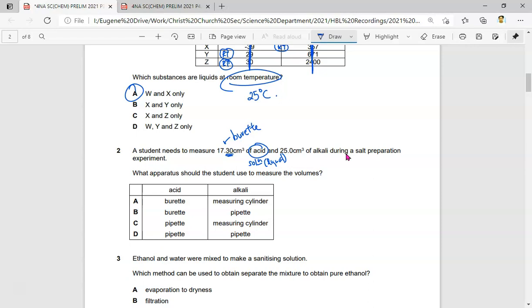Next one, 25 cm³ of alkali. Alkali is also a solution, which means it's a liquid.